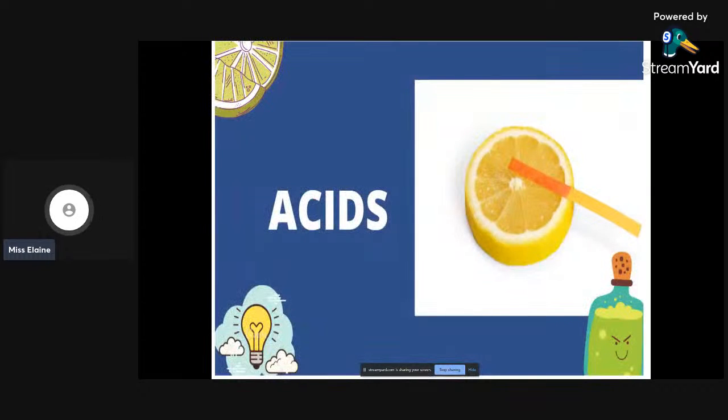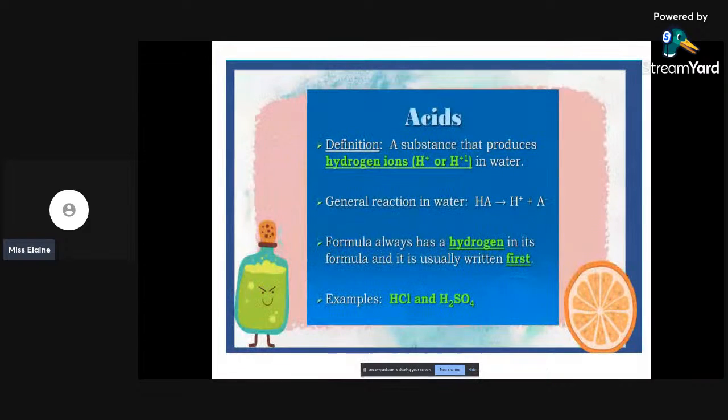Let's talk first about what an acid is. An acid donates a proton, or what we call a hydrogen ion. Ion means an atom with a net charge. It is not neutral because of its electrons and protons. So it either gives, donates, or accepts.